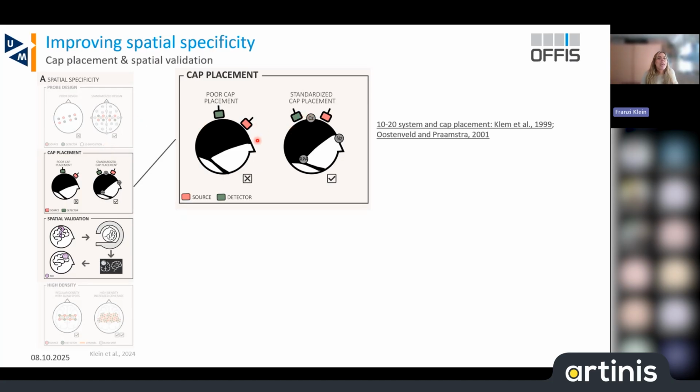And if you do that the same way every time, then you can have a bit better comparability between subjects, but it's also easier to have the same cap placement within the same subject.